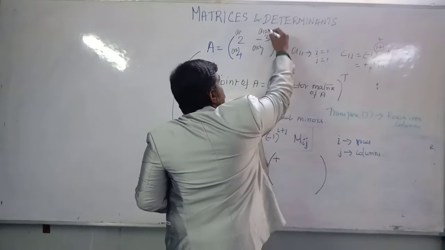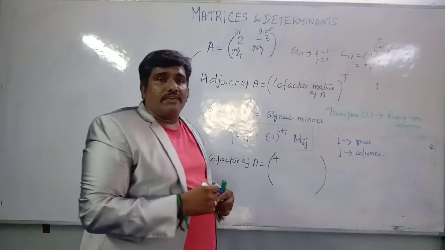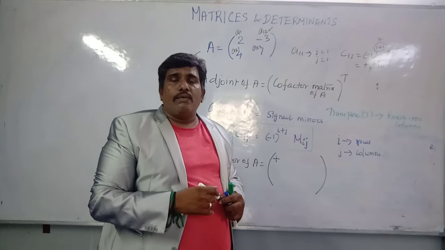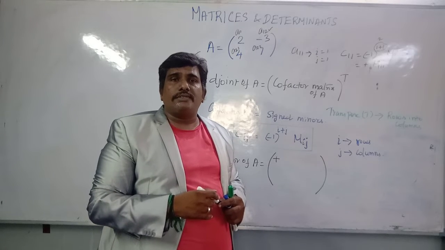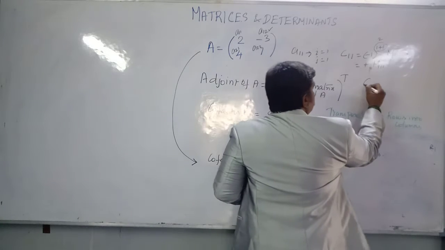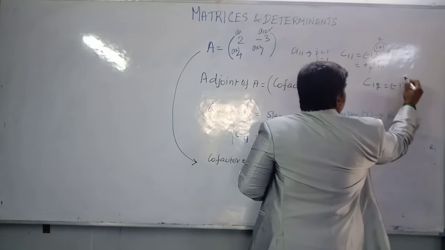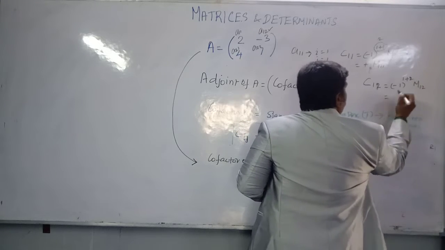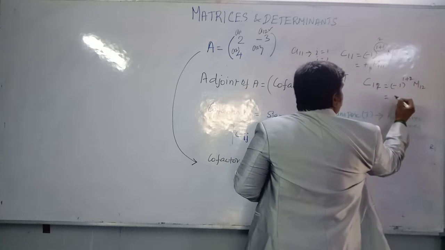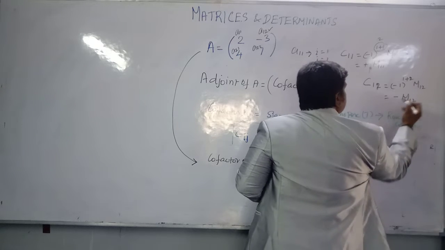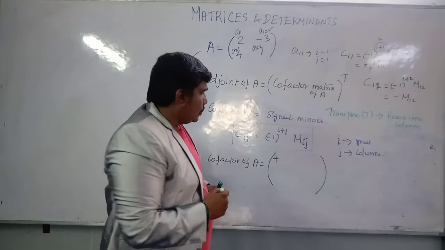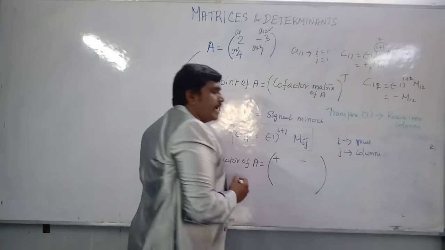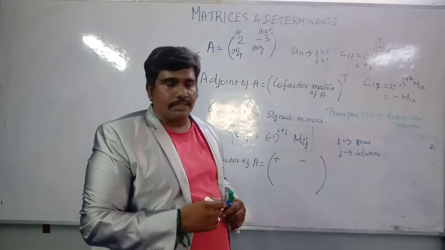Similarly, for the second element in the first row, A12, 1 plus 2 is 3, so minus 1 whole power 1 plus 2 of M12. Here this is a cube, so we get minus.